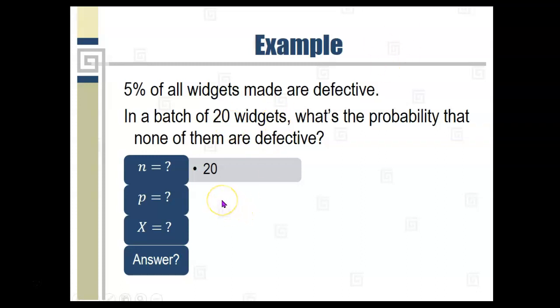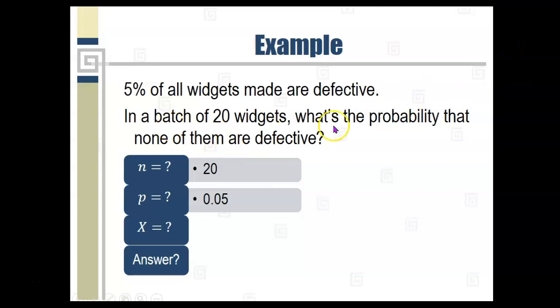P is the probability of being defective for each one of those 20 widgets, and that would be 5%, and as a decimal that would be 0.05. Careful, it's not 0.5, it's 0.05. To convert from a percent to a decimal, you move the decimal point 2 places.